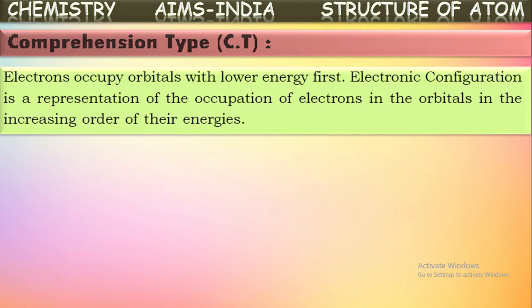The first statement given: electrons occupy orbitals with lower energy first, or the orbitals which have lower n plus l value will be occupied with electrons first, then the higher orbitals. And what is the next statement about electronic configuration? It is a representation of the occupation of electrons into different shells and subshells in the increasing order of their energies. Based on these two concepts, we are going to have some questions here.